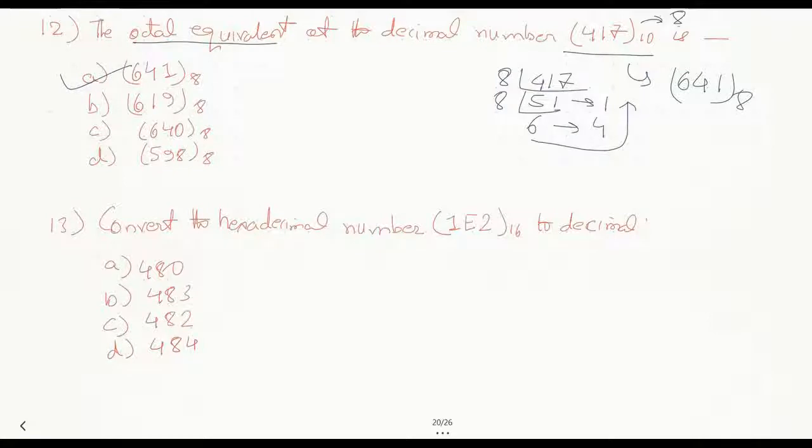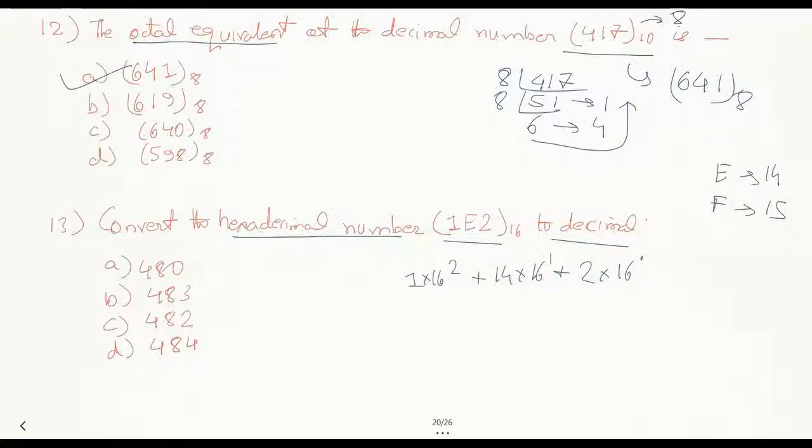Okay, now let us try and convert a hexadecimal number to its decimal equivalent. We'll take the positional values, that is 2 times 16 to the power 0 plus E, E means 14, right? F is 15. So 14 times 16 to the power 1 plus 1 into 16 squared, right?